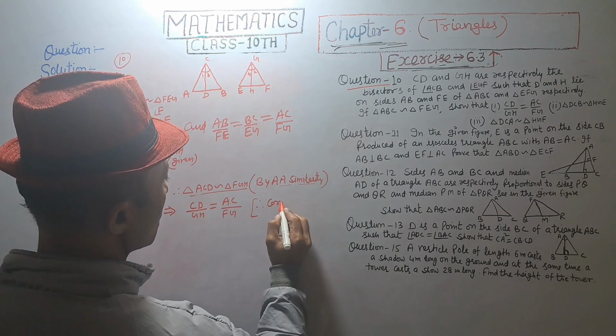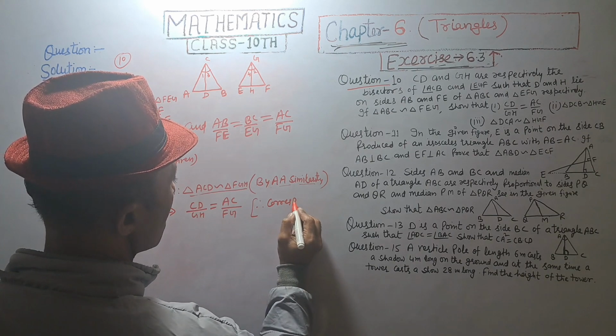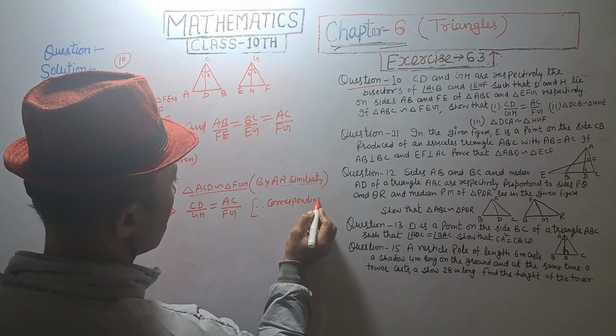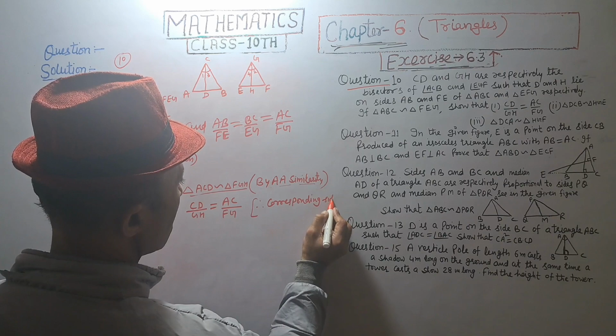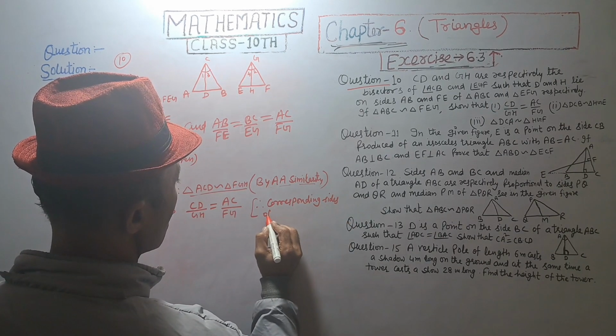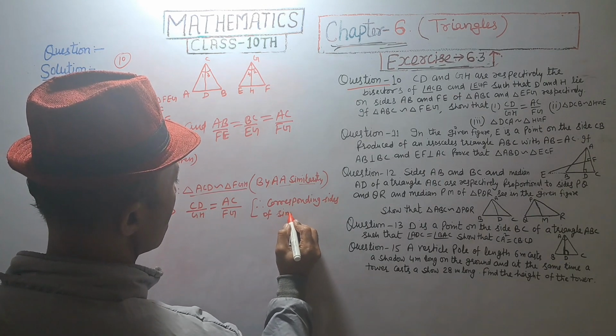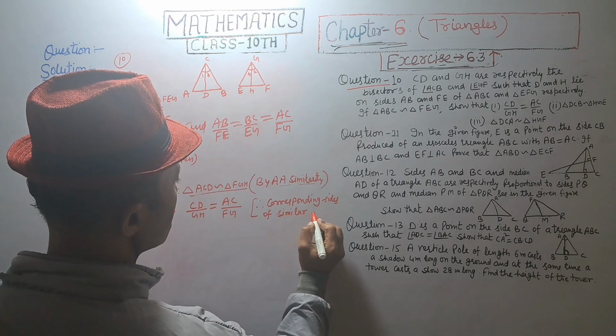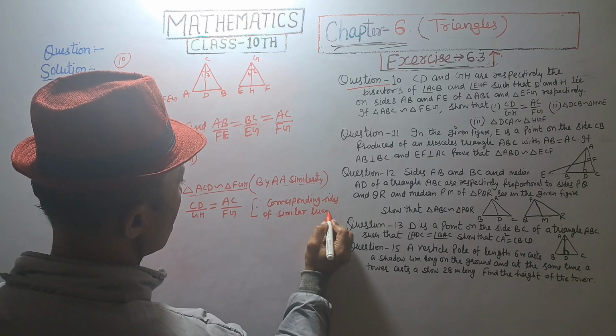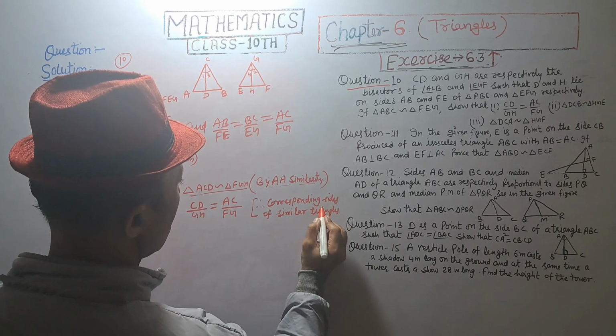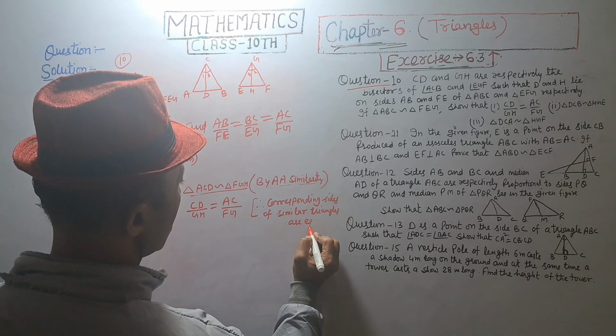Corresponding sides of similar triangles are equal.